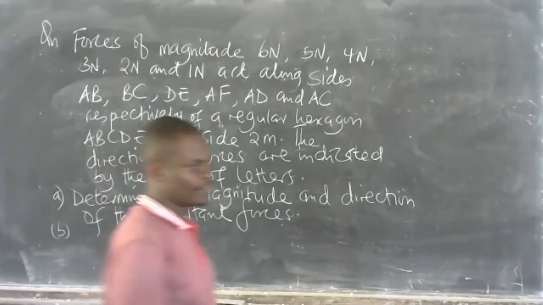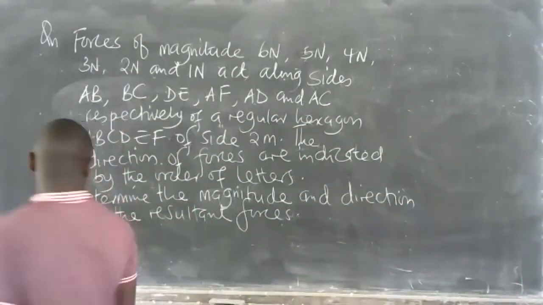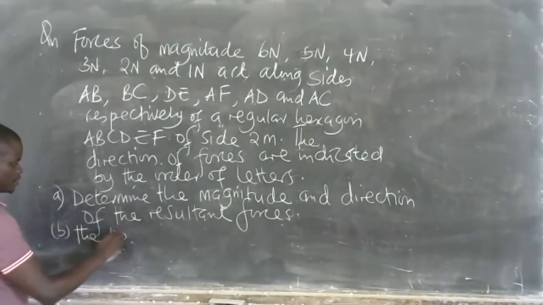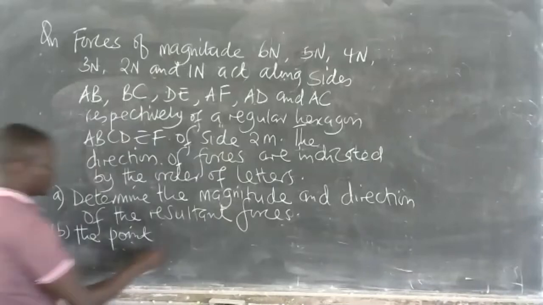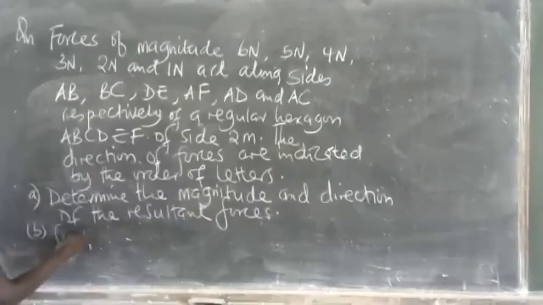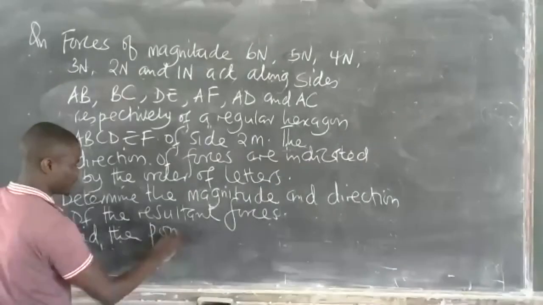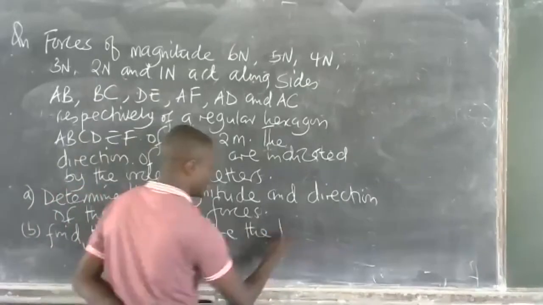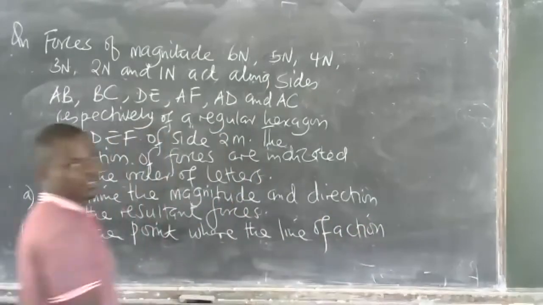So part A, the point where the line of action of the resultant cuts AB.